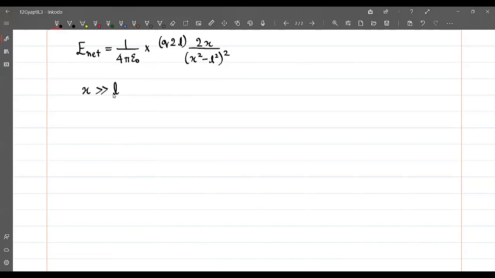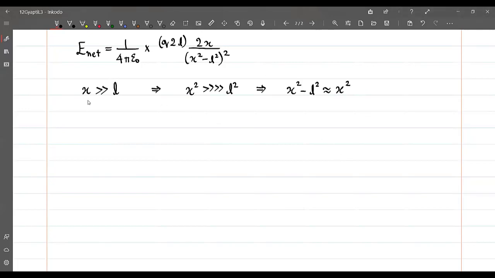If point P is very far away from the electric dipole, I can write x is much, much greater than L. If x is much, much greater than L, then this implies that x square is very high compared to L square. And this would imply that even if you add x square or subtract L square from x square, it will be approximately x square only.